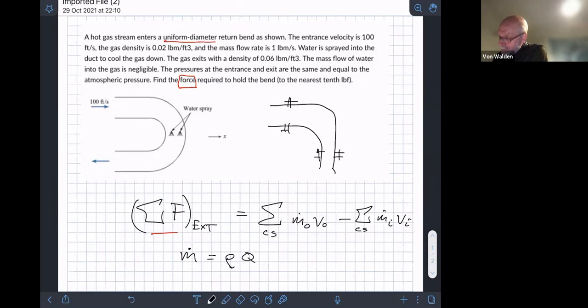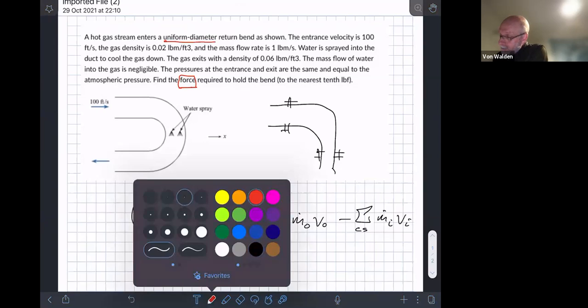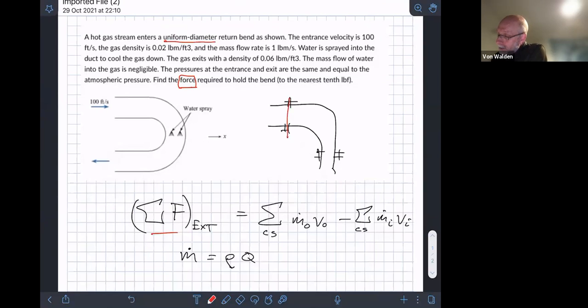If this is true, and you draw a control surface around this, then you will have to deal with these forces. You will have P2A2, if this is 0.2 and 0.1, you will have these pressure forces in these locations.